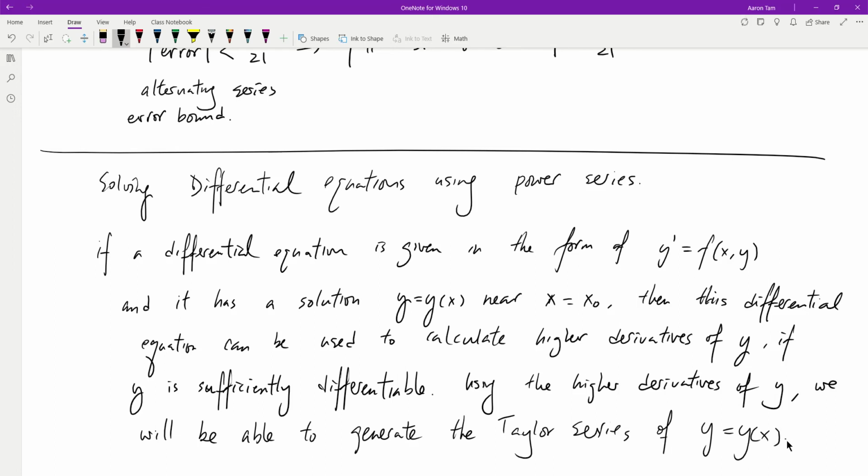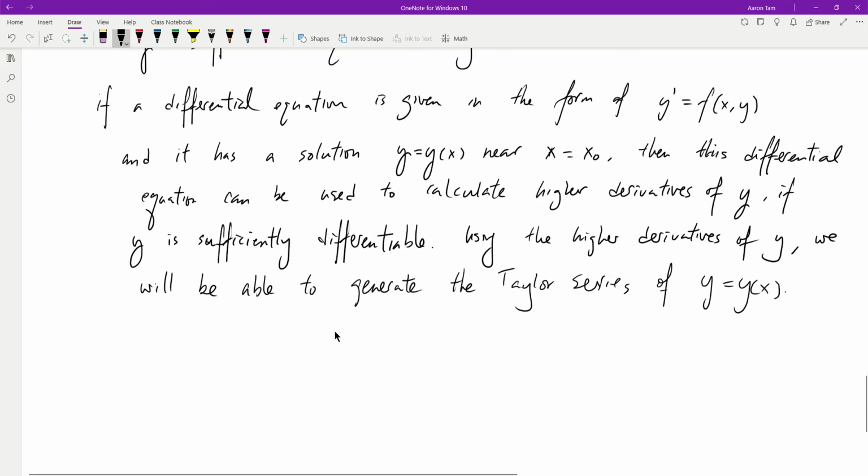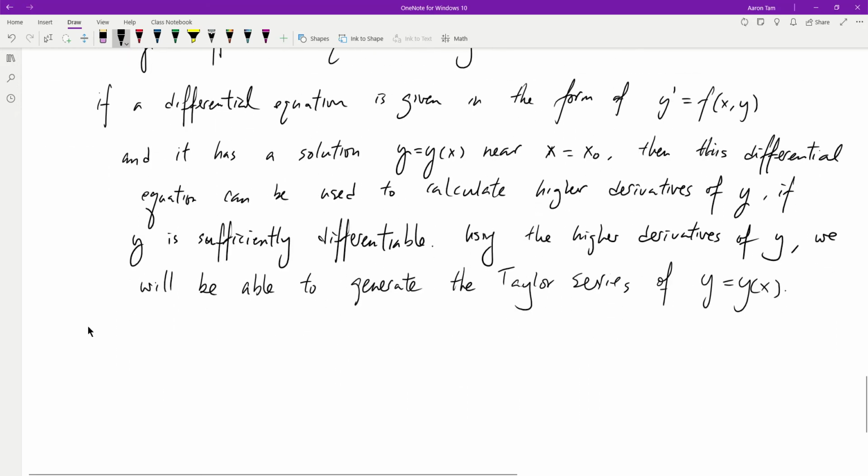In some cases, because of what the Taylor series looks like, we might actually be able to identify what function y is. In other cases, we might simply leave the solution to the differential equation in a power series form. So how do we actually do this? I'll show you a very simple example. The process is actually quite easy. It's just a lot of tedious calculation, but it's not that hard.